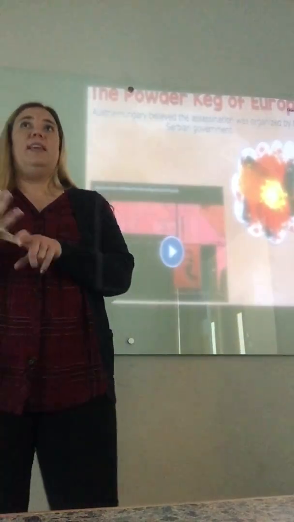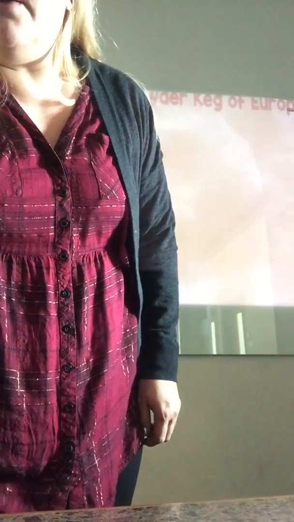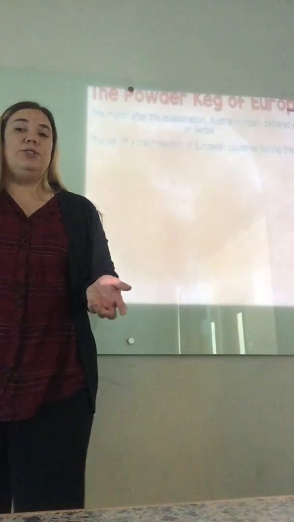So our powder keg, Austria-Hungary, they think the assassination was set up by the Serbian government, and they are not too happy about it. One month after the assassination, they declare war on Serbia. This sets off a chain reaction of all of these countries joining the war.